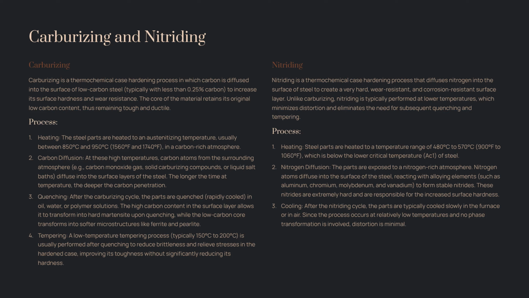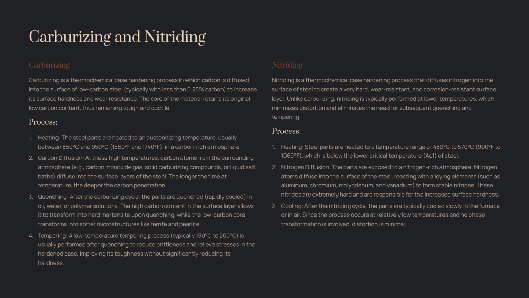The combined effect of carbon and nitrogen provides excellent wear and abrasion resistance. Better fatigue strength. Improved compressive residual stresses in the case enhance fatigue life. Reduced distortion. Lower processing temperatures and less severe quenching contribute to less distortion compared to conventional carburizing.